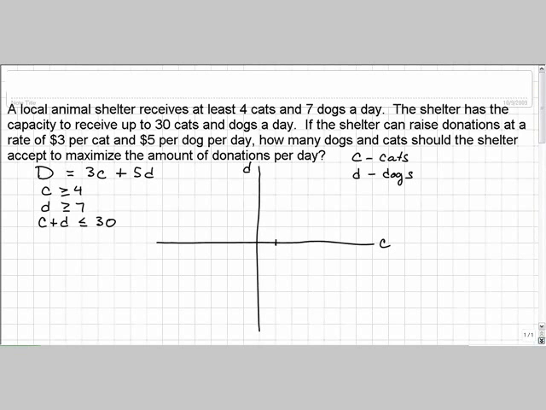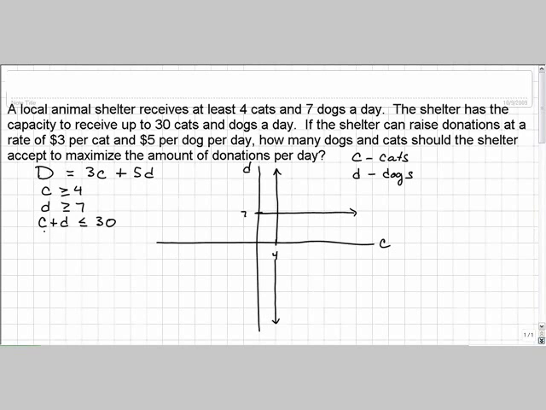Again, I'm not going to draw this to scale, but greater than or equal to 4 would be over here to the right of 4. D needs to be greater than or equal to 7. And so D would have to be above this horizontal line here, where D is equal to 7.